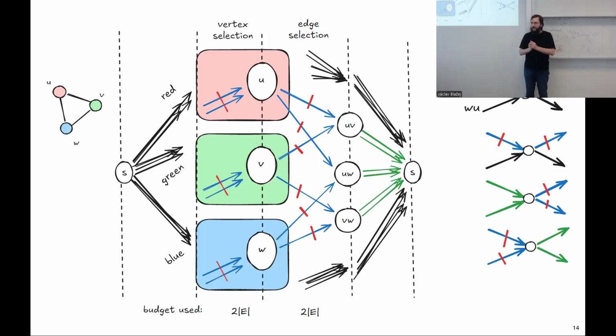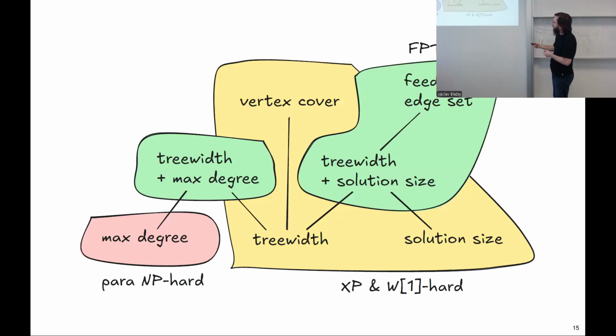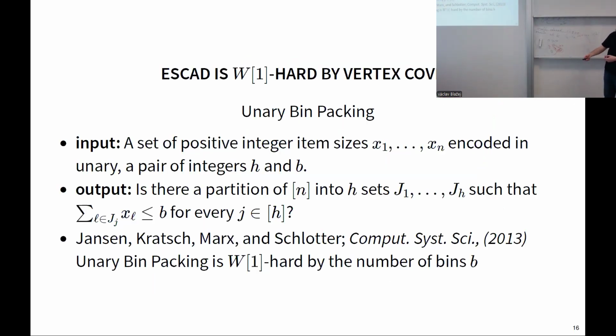It's proportional to the size of the clique. Okay, so we just showed this W1 hardness. Arguably the hardest one, the non-trivial idea of these.